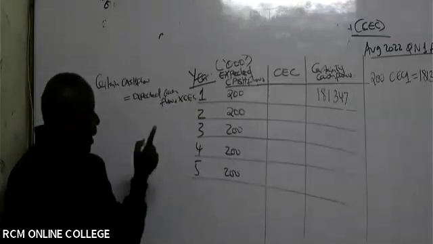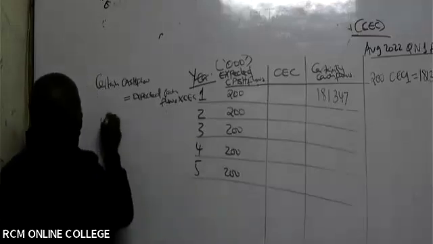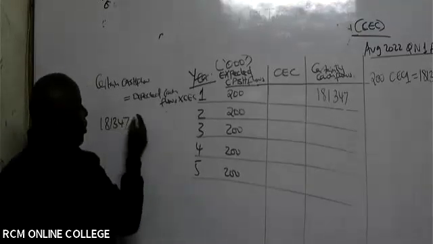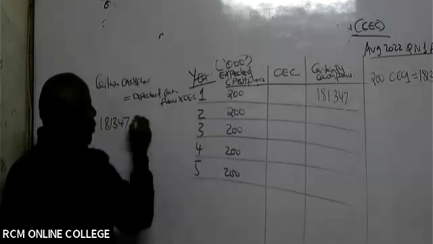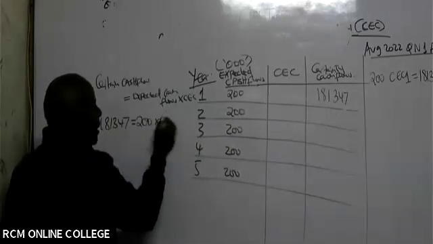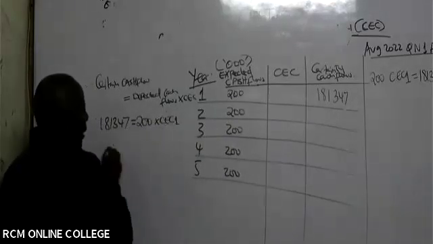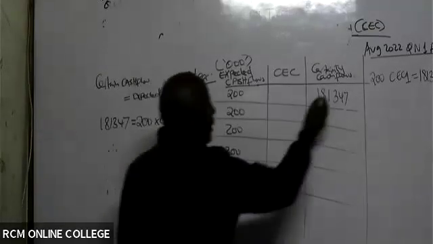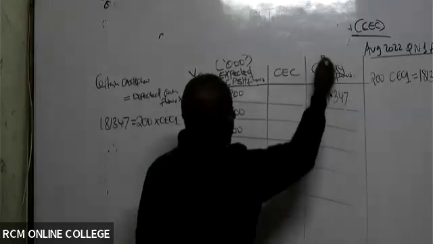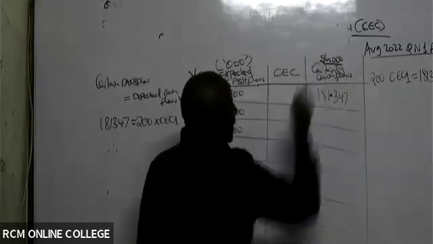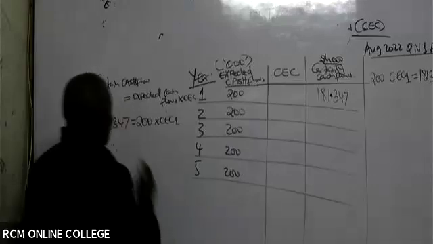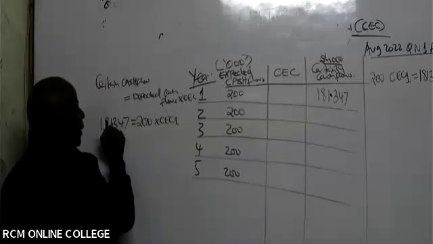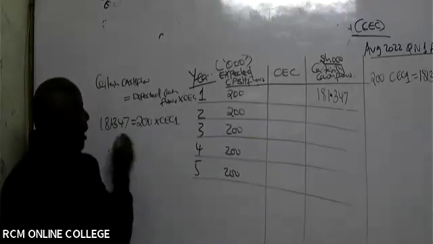Remember, the certain cash flow of year one is 181,347. It will be equal to the expected cash flow of year one, which is 200, times CEC year one. Sorry, I should have written this as 181.347, because it is shillings thousands. So 181.347 equals 200 CEC1.